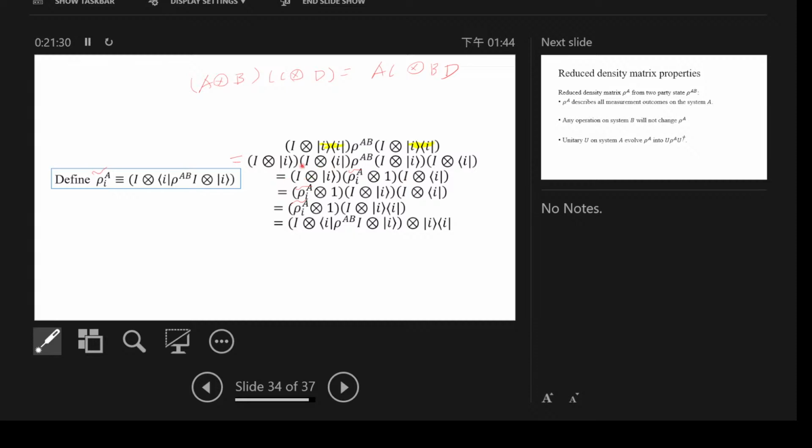Now we see that those two things can commute, because on the first register identity commutes with anything, and on the second register they also commute because 1 is just a number. A number commutes with anything. So those two commute, and basically we got what we want.